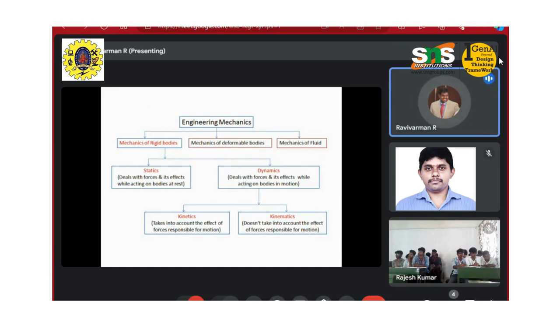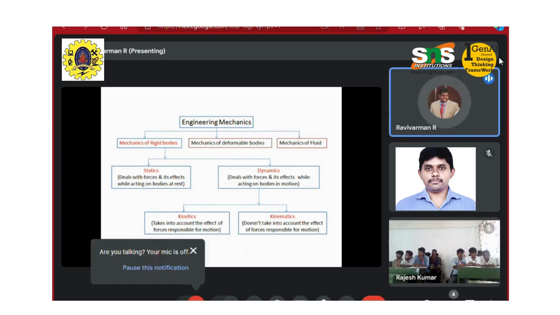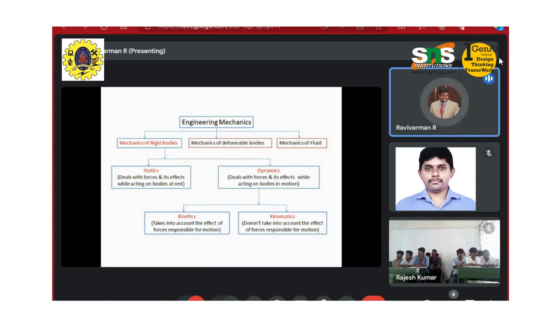Whenever we design the system by taking into account the forces that are responsible for making the motion, we call that kinetics. Whereas in kinematics, we study the motion without taking into account the forces responsible for it, where we consider the velocity, position, and acceleration, and the geometrical aspects of the motion.